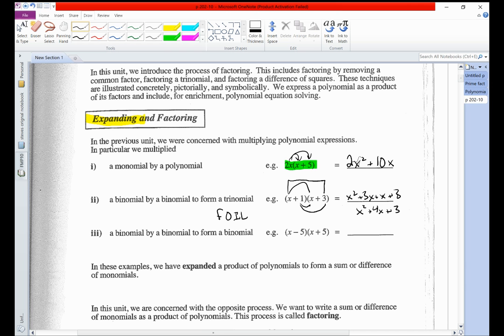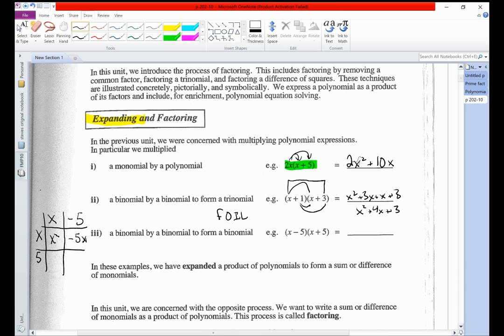So maybe I'll do this last example just in case. I don't have space to do an area diagram, so maybe I'll do it off to the side here. Just so you have a good review of an area diagram, we're going to do x minus 5 and x plus 5, and you just multiply those through. So x multiplied by x is x squared. X multiplied by negative 5 is negative 5x.